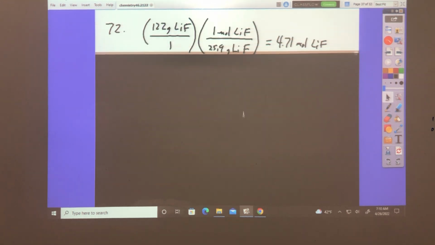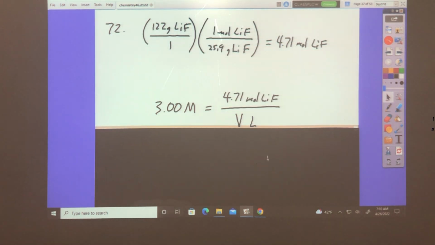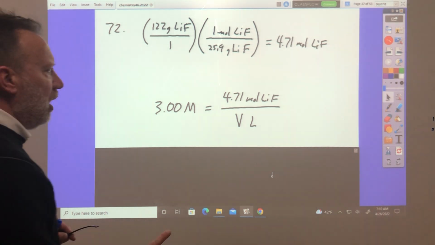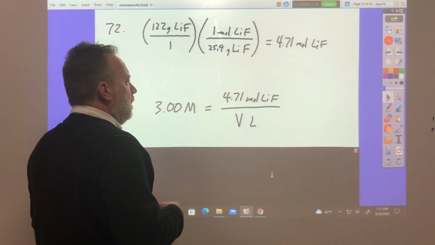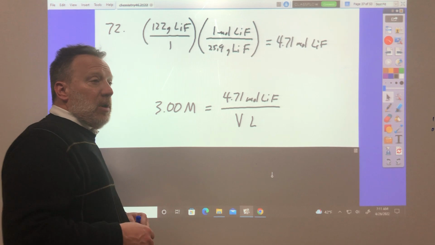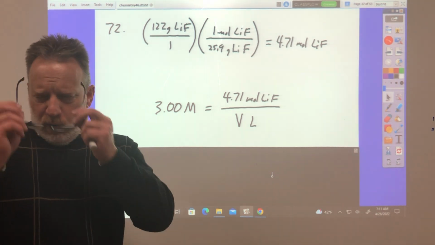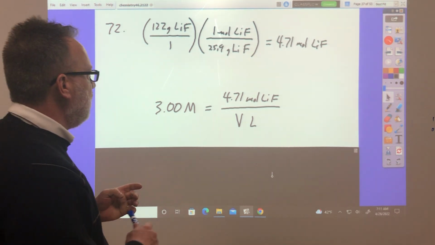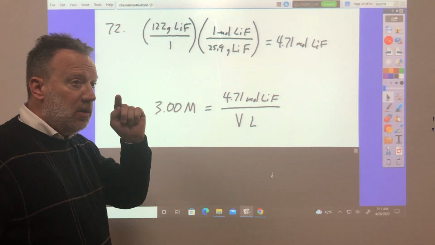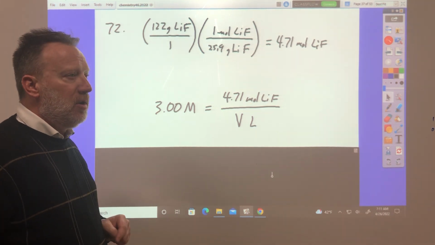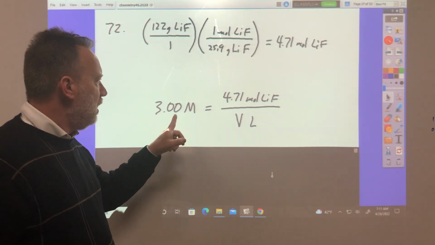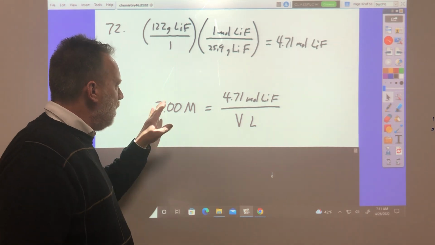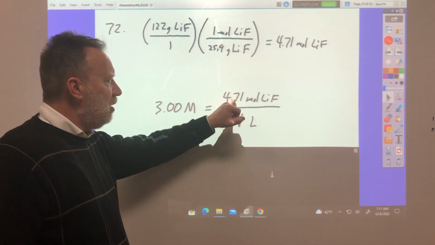Okay, so just set your moles over your, this time we want our volume, sorry. And we know we want a 3.00 molar solution. So you need 3 significant figures here. How do you do this math? You are supposed to know what you're supposed to divide. The V comes up here, the 3 goes down here, and then you divide this by this.